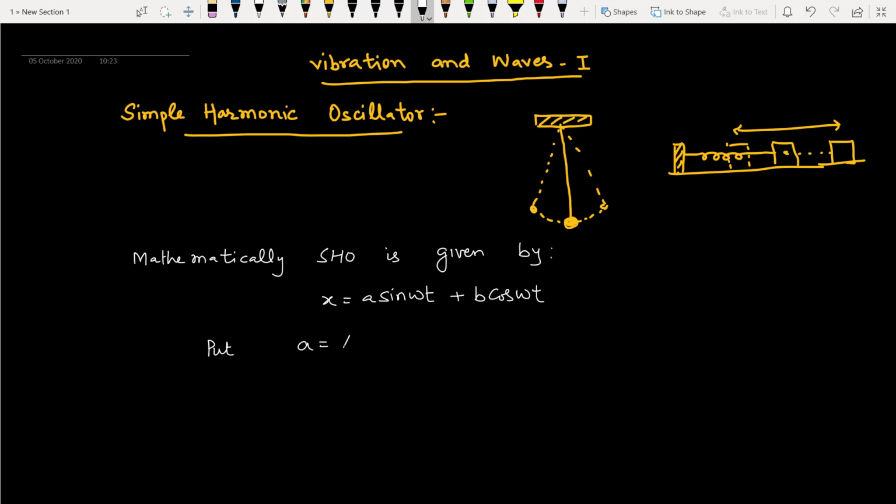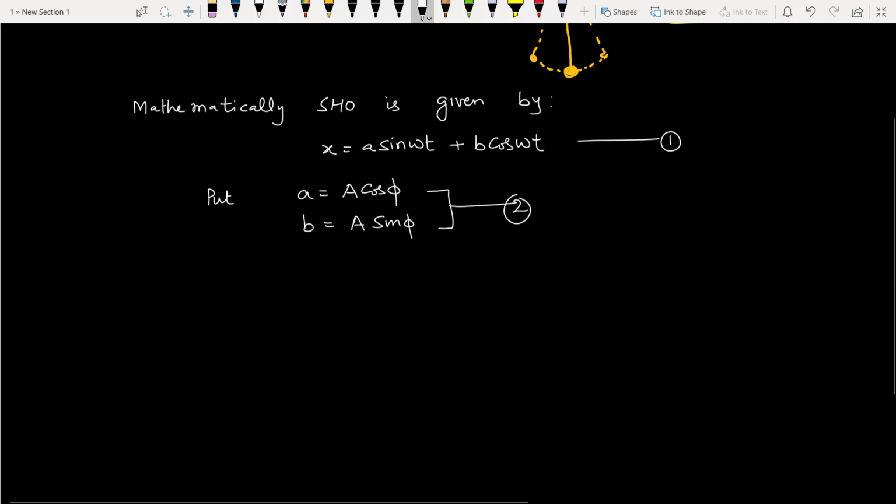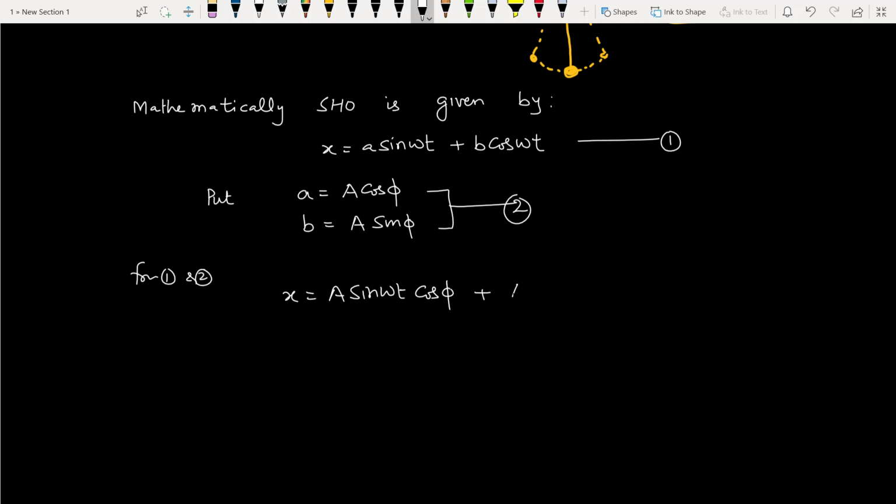So if we put a is equal to capital A cos phi and b is equal to capital A sin phi, so from equation 1 and 2 we will get x is equal to A sin omega t cos phi plus A cos omega t sin phi.